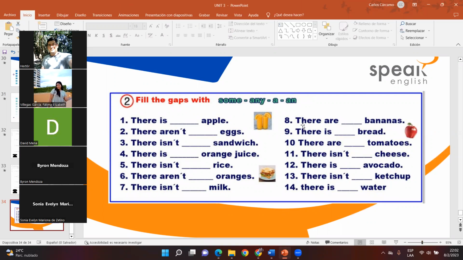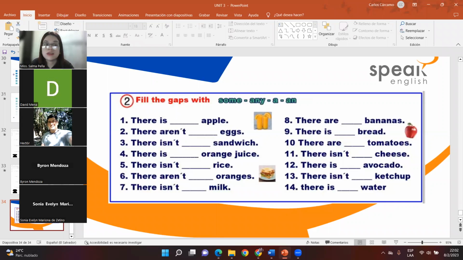We had our review. We also worked with countable and uncountable nouns. Now you know how to identify them, how to create questions with how much and how many, and also use quantifiers. So if I ask you, David, in number 1, there is apple, which will be your answer?